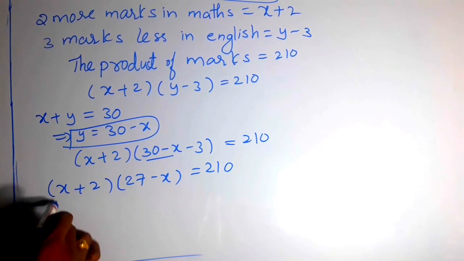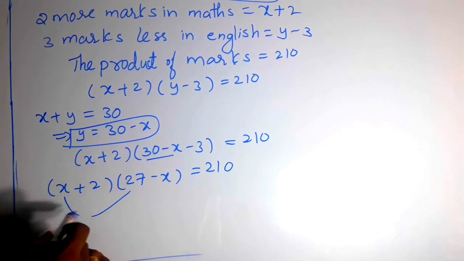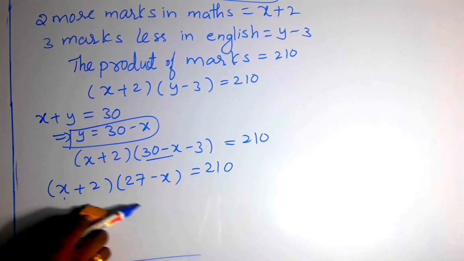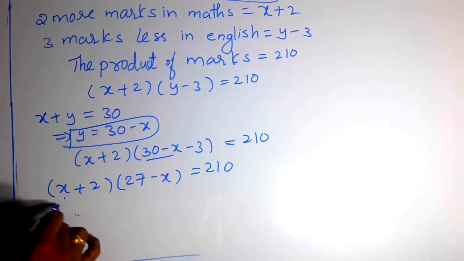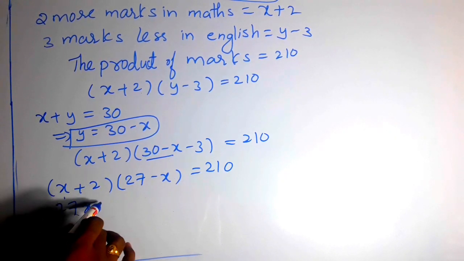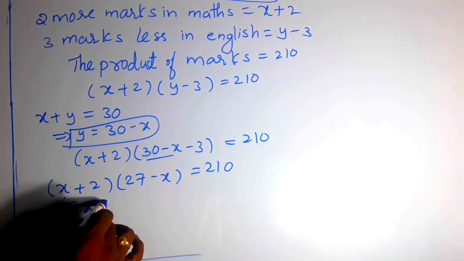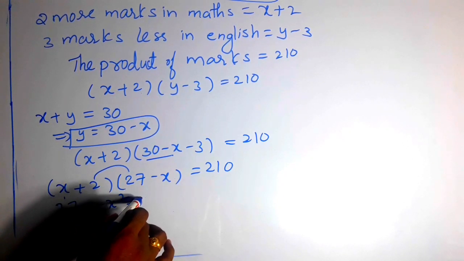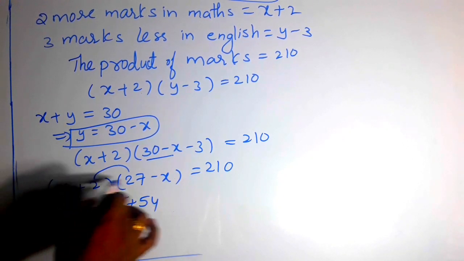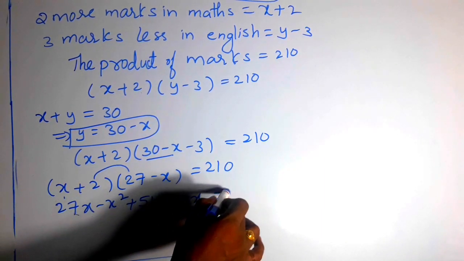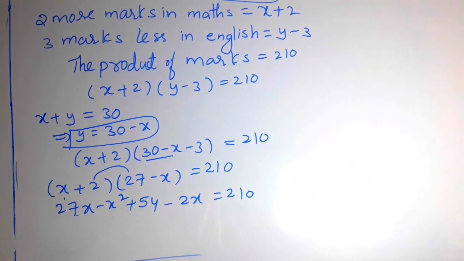Okay, now here multiply x into 27 is nothing but 27 times x. Minus x into x is nothing but x square. 2 into 27 is nothing but 54. Plus into minus is minus. 2 into x is nothing but 2x. That is equal to 210.